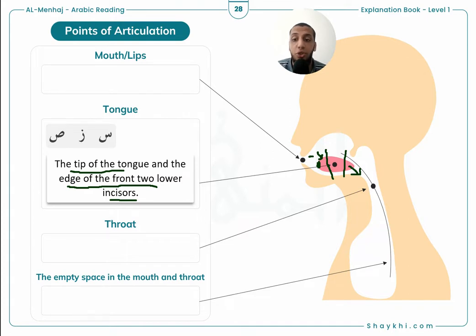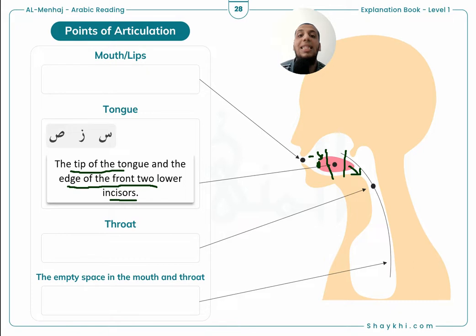So the front two, we want to see this. This is the lower incisors. The front two lower incisors are this part. The edge of the front two lower incisors is this. So the tip of the tongue will touch this edge, the edge of the front two lower incisors.